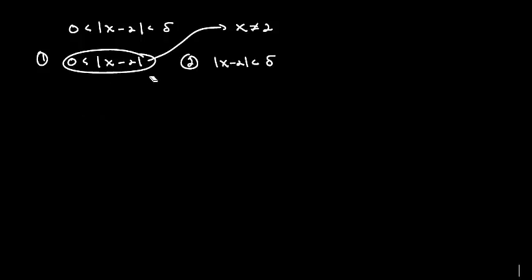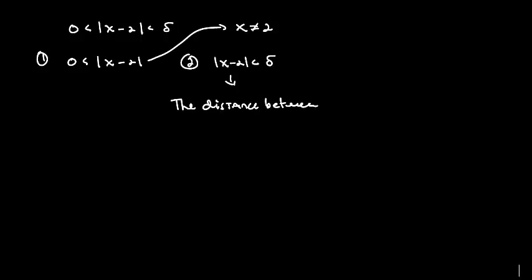Okay, so for the other one, it says that the distance between x and the number 2 must be strictly less than some positive number delta.